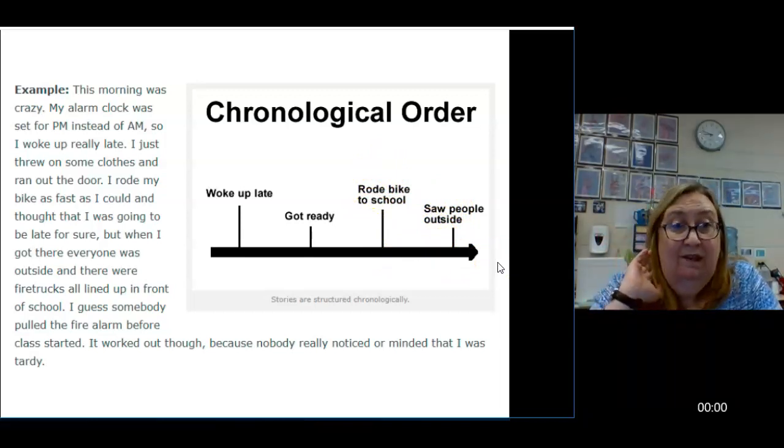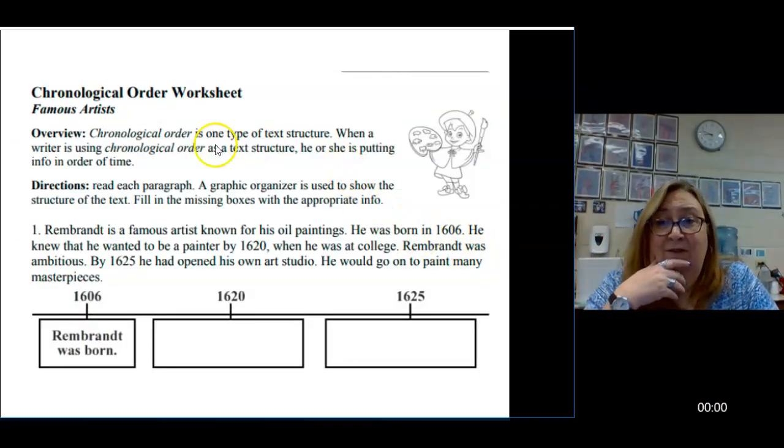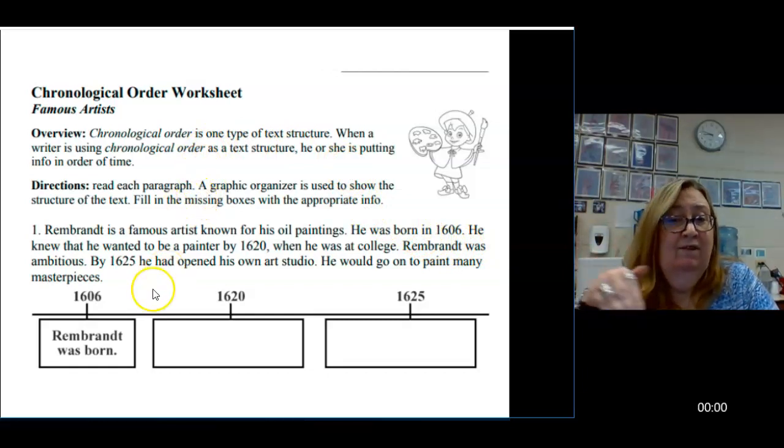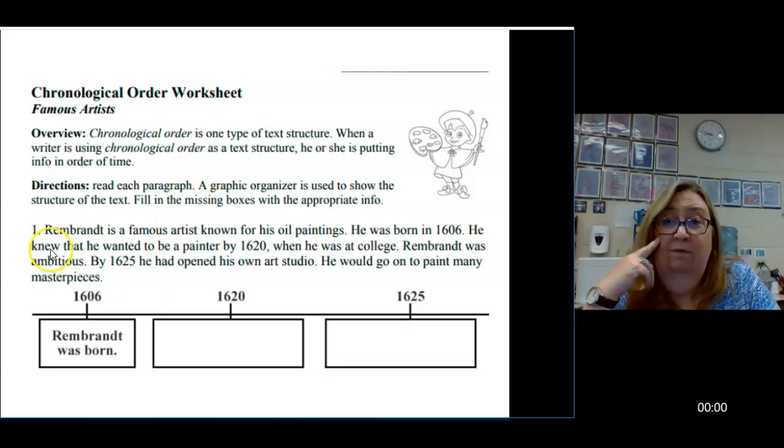Sometimes stories give us really good hints that they're chronological order stories. Check these out. There are a few passages about some artists, and they've given us a graphic organizer to show us that they're chronological order. Rembrandt is a famous artist known for his oil paintings. He was born in 1606. He knew that he wanted to be a painter by 1620 when he was at college.